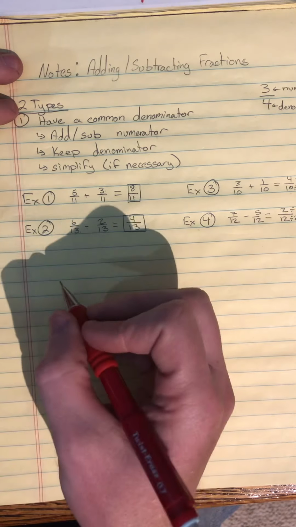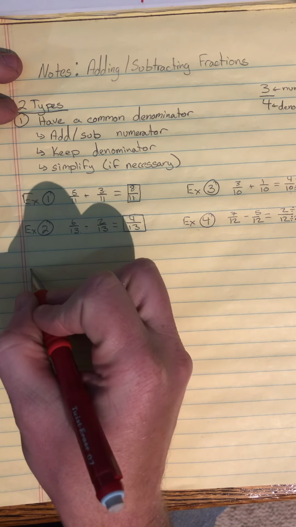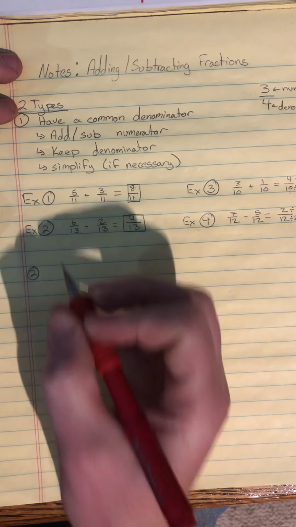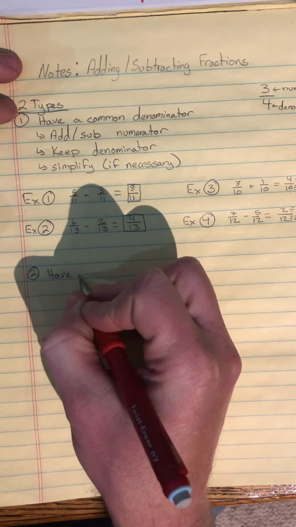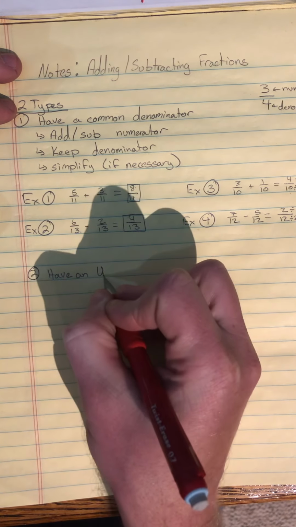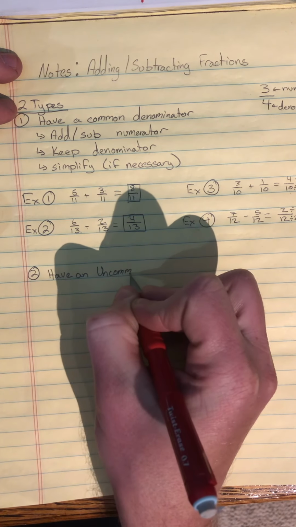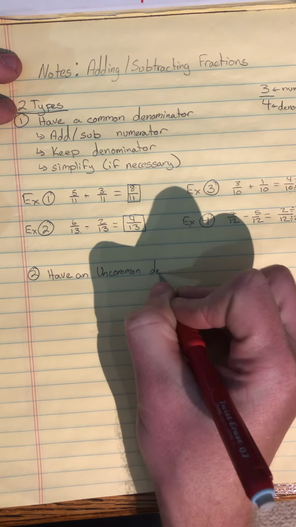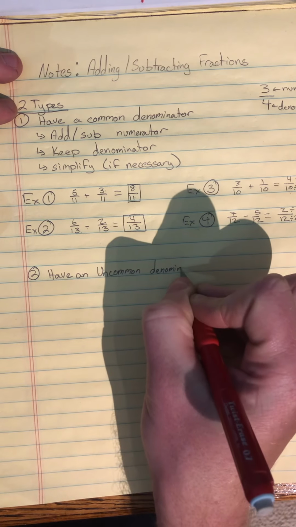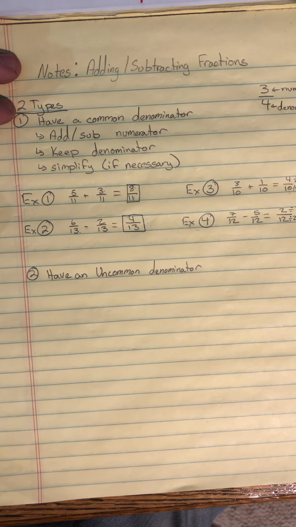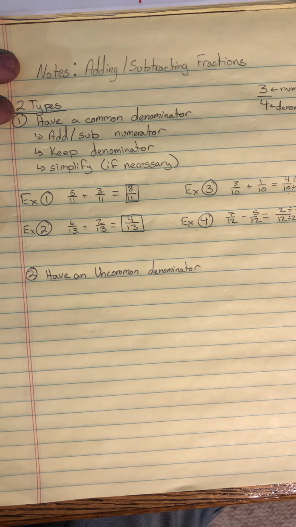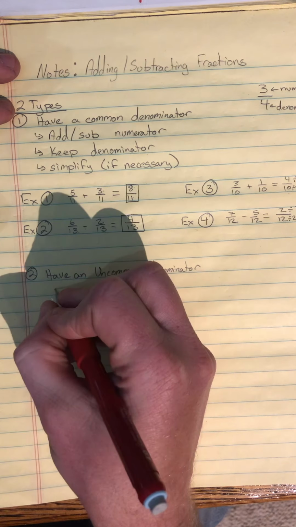The second type, or type 2, is if they have an uncommon denominator. This is where things start to get a little fuzzy.